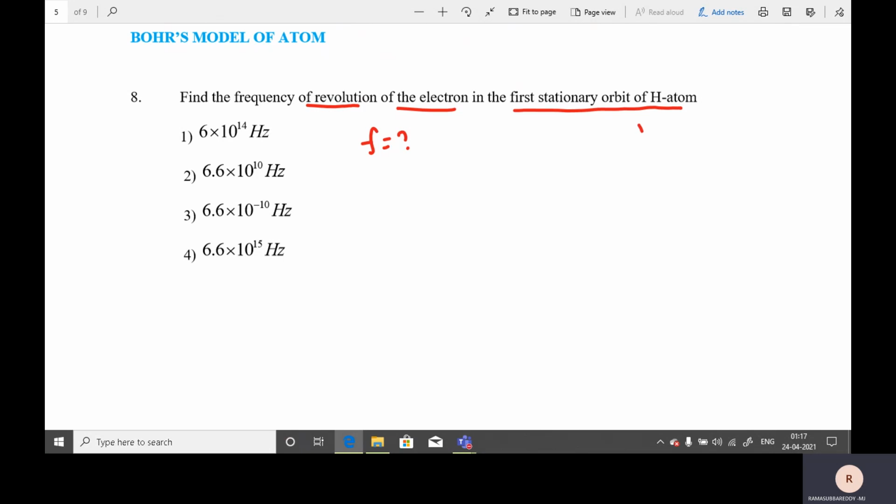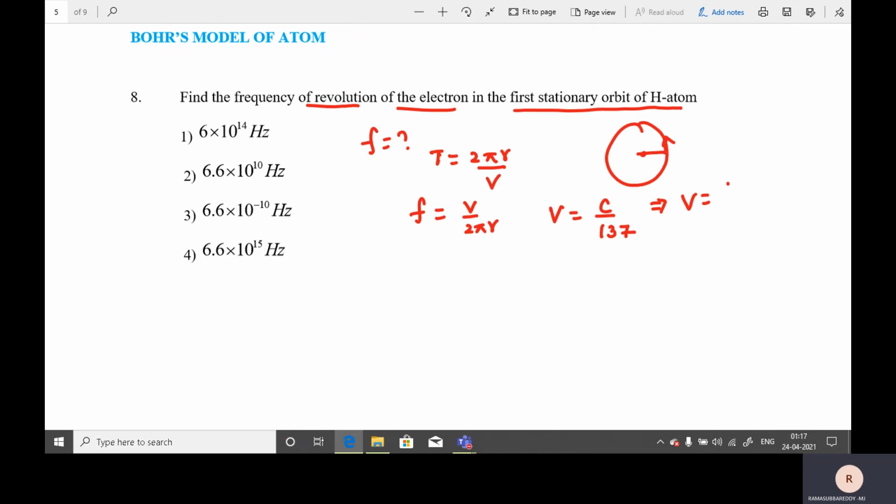We know if the electron is revolving in a circle, time period T is equal to 2 pi r by v. We need to find frequency, and frequency is the reciprocal, v by 2 pi r. And what is velocity for hydrogen? That is c by 137. Then velocity v is equal to c, which is 3 into 10 to the power of 8, by 137.